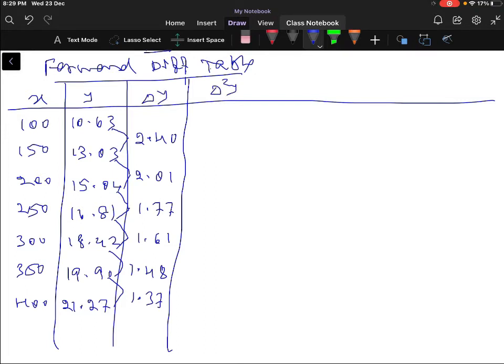So these are the first forward differences.